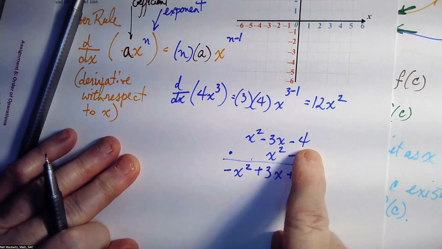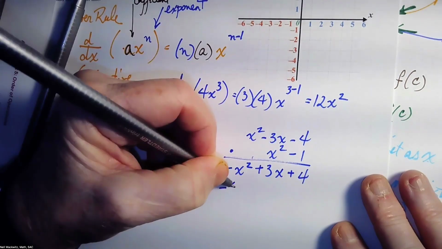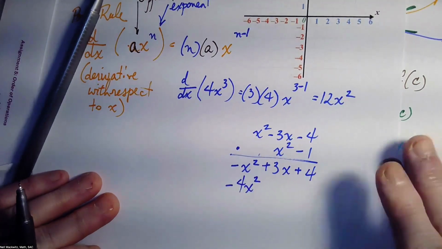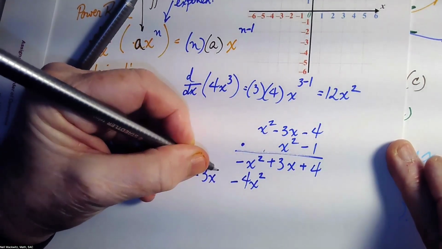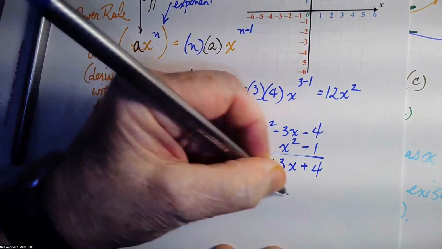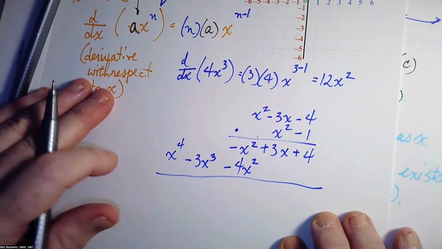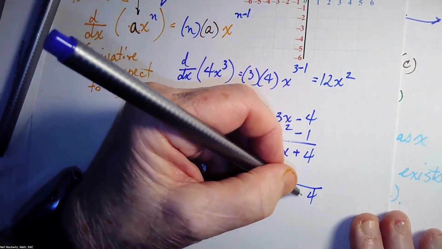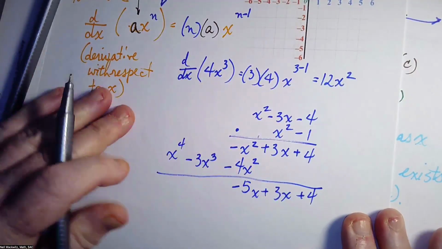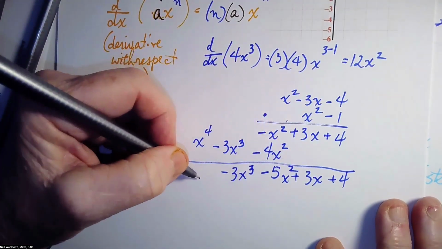So x squared times negative 4 is negative 4x squared, and negative 3x times x squared is negative 3x cubed, and x squared times x squared is x to the 4th. I didn't put a plus in front of it because it's the farthest left term. And then we just add 4, 3x, negative 5x squared, negative 3x cubed, and x to the 4th.